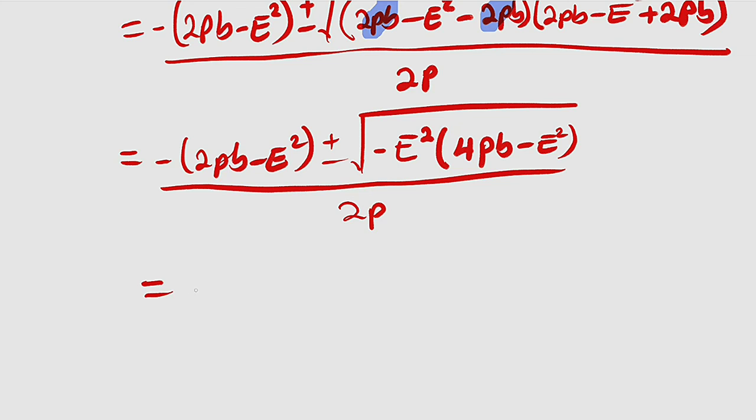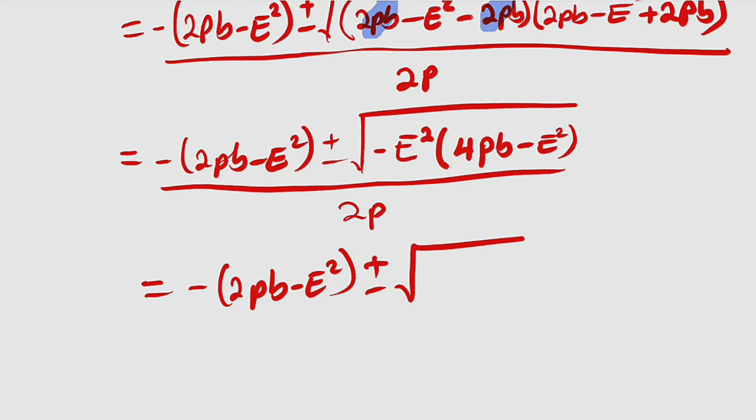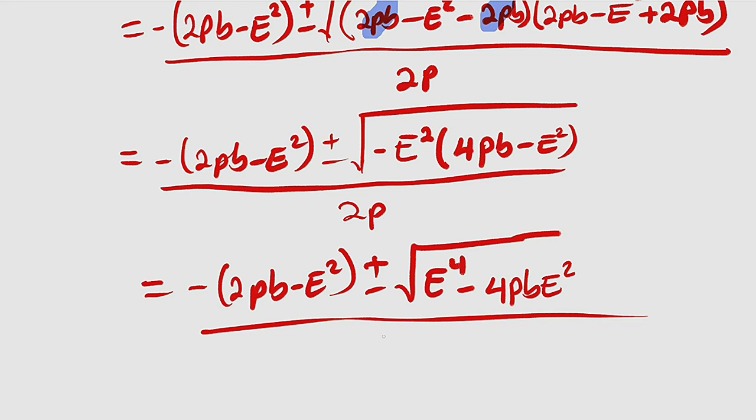So this becomes negative (2PB minus E squared) plus or minus the square root of negative E squared times negative E squared, that will give us positive E to the power of 4, then minus 4PBE squared, divided by 2P.